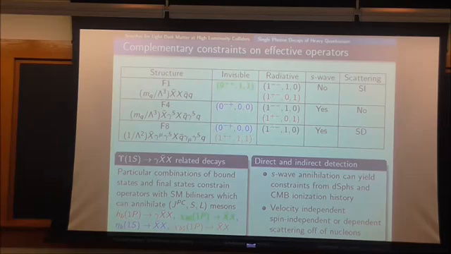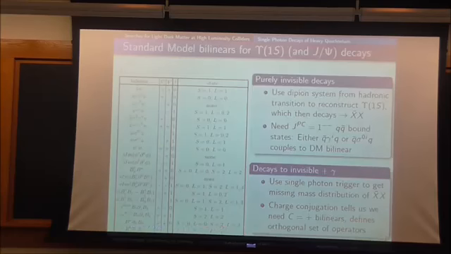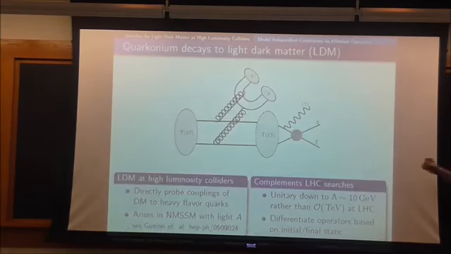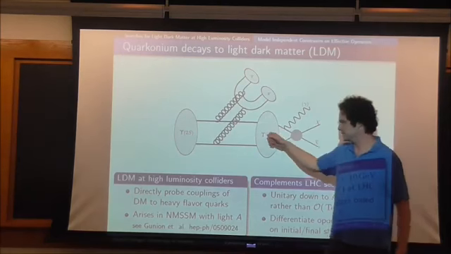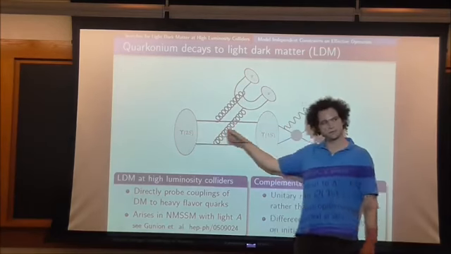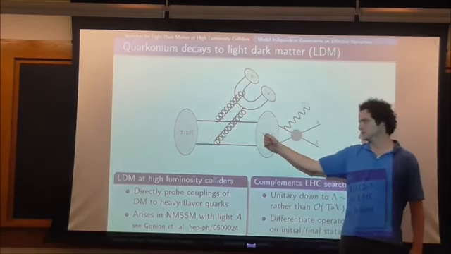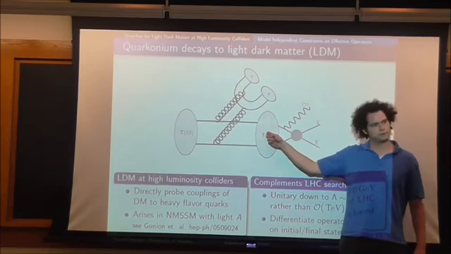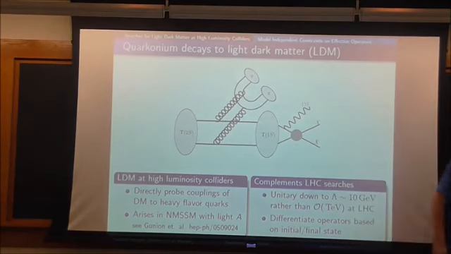No, I mean, you do get a peak, because it's a hadronic transition. You're not boosting the... The center of mass frame for this one is basically the same center of mass frame for this one. So the dipion system will give you a peak right around the mass of the upsilon 1S. You have a distribution of that. Yeah.